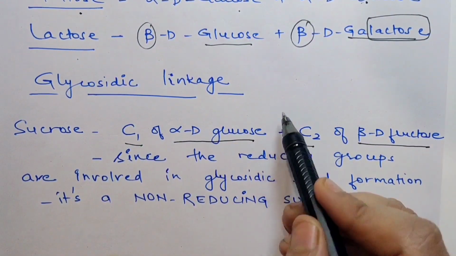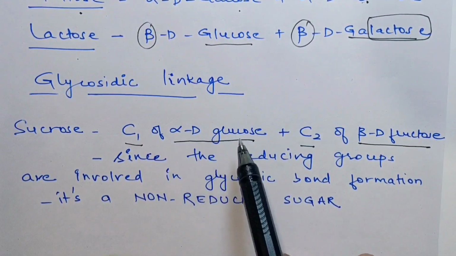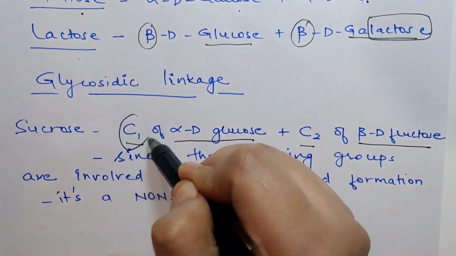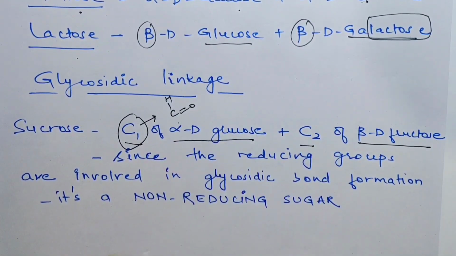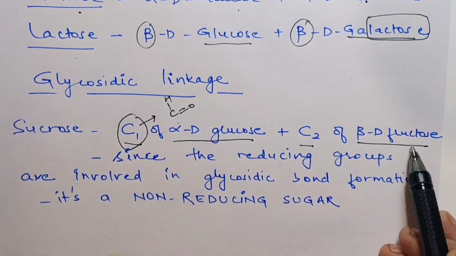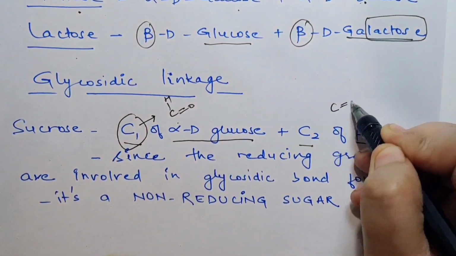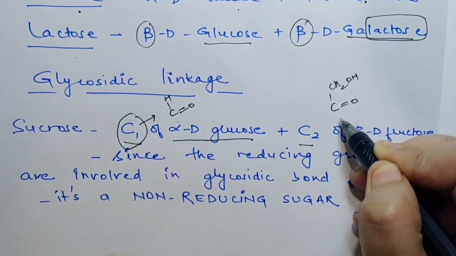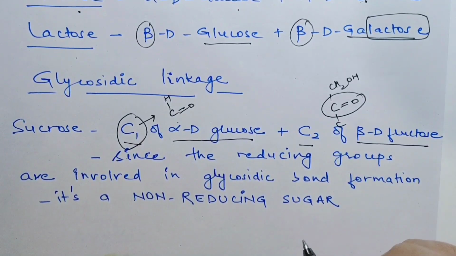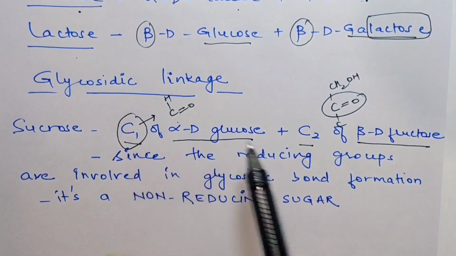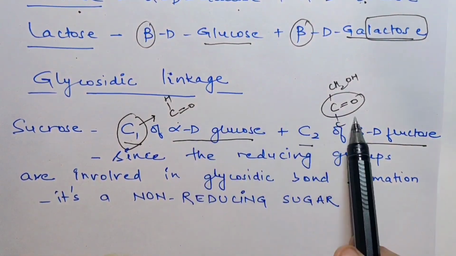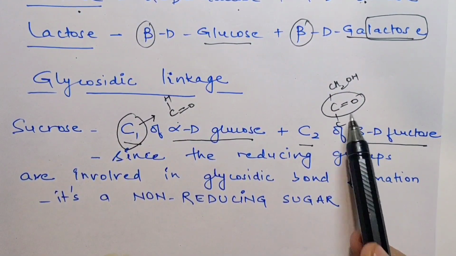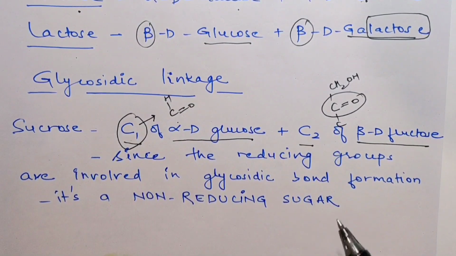Now, we saw the structure of glucose. Remember the open chain structure of glucose? C1 was the carbon containing the aldehyde group. And we also remember the structure of fructose. C2 was the carbon containing the ketonic group. Now since C1 and C2 are both involved in bonding, neither the aldehydic nor the ketonic group is free to reduce Tollens' reagent and Fehling's solution.